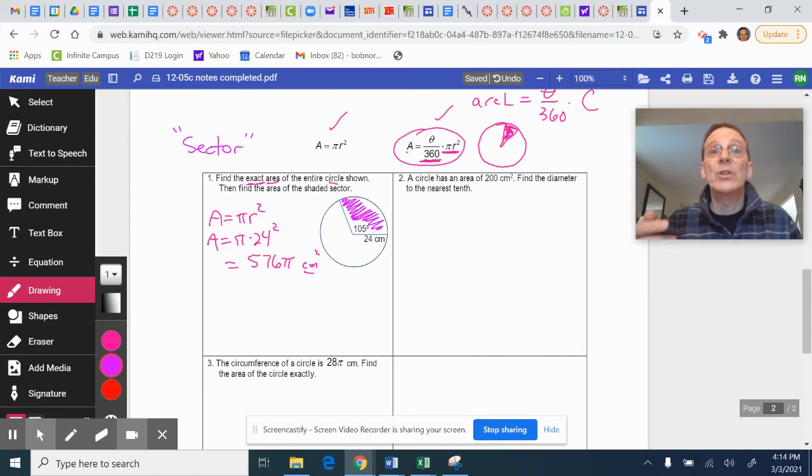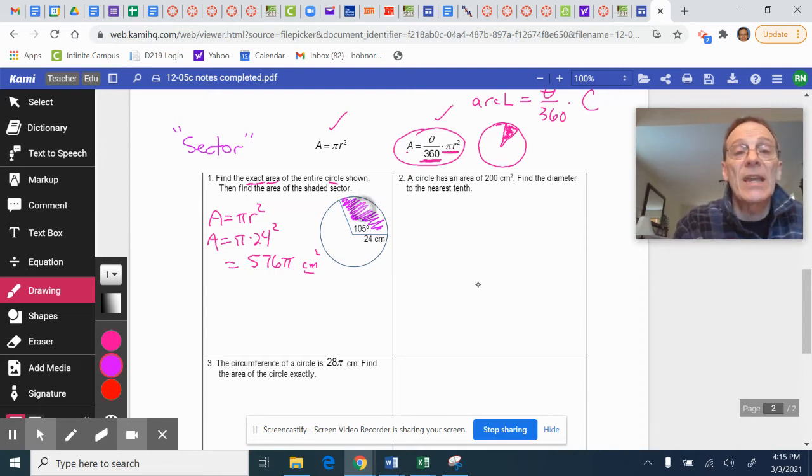But I want to be able to use it when I'm talking in these video lessons or in class. I want to be able to say sector and not have people go, what is he talking about? And suddenly get lost and not hear the next 2 sentences that I'm saying because you don't know what the word sector means, okay?